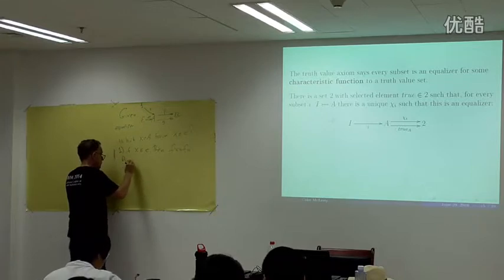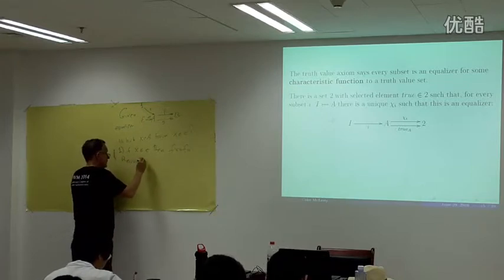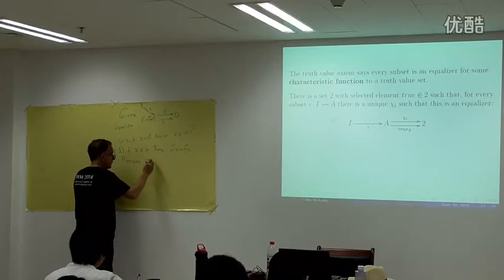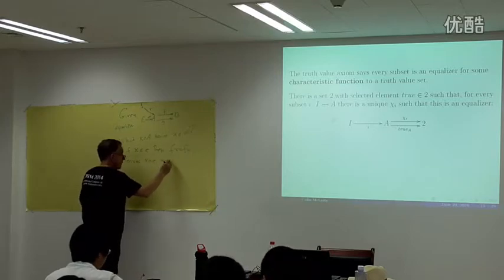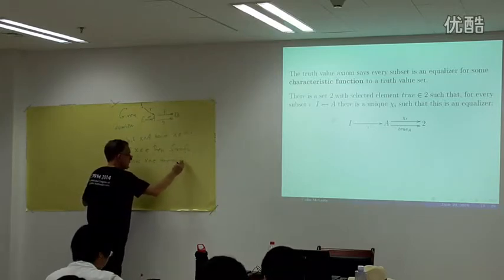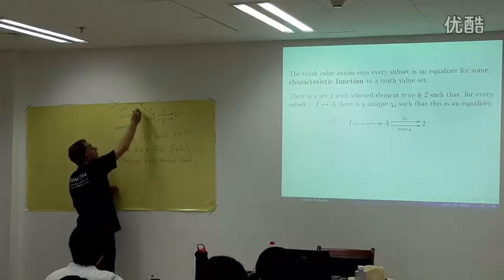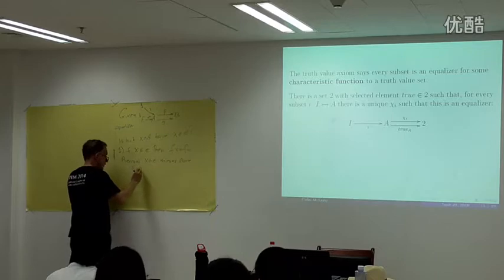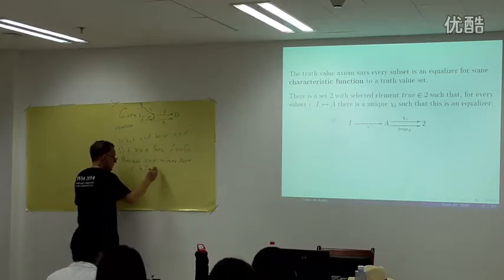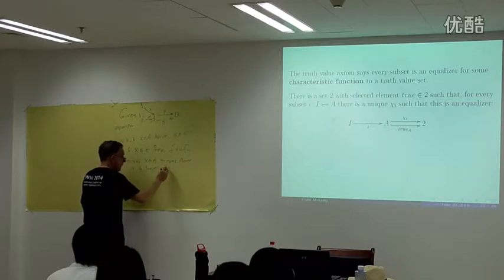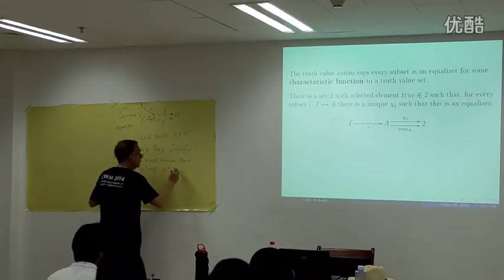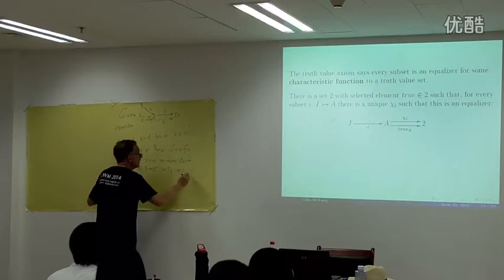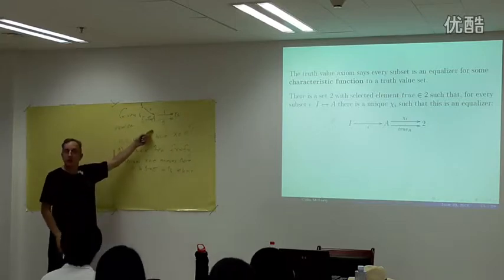Because x element of E means there's some h with E after h equal to x. That's what x as an element of E means. It means x factors through there.